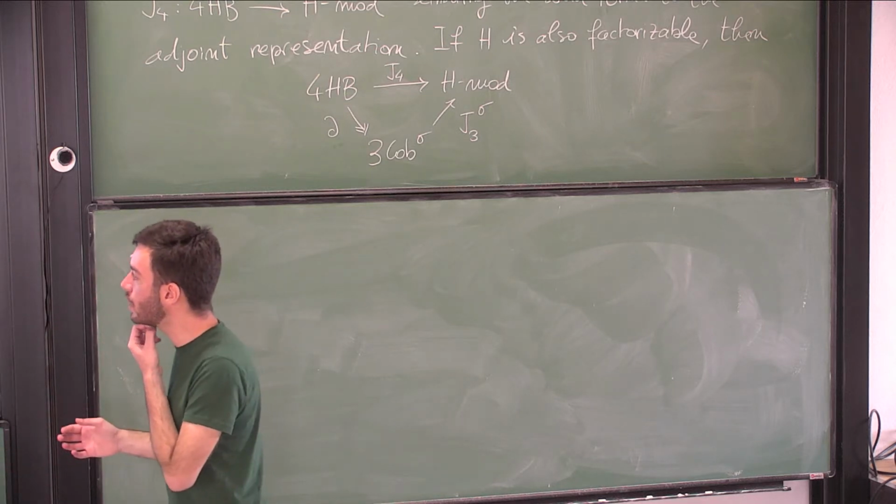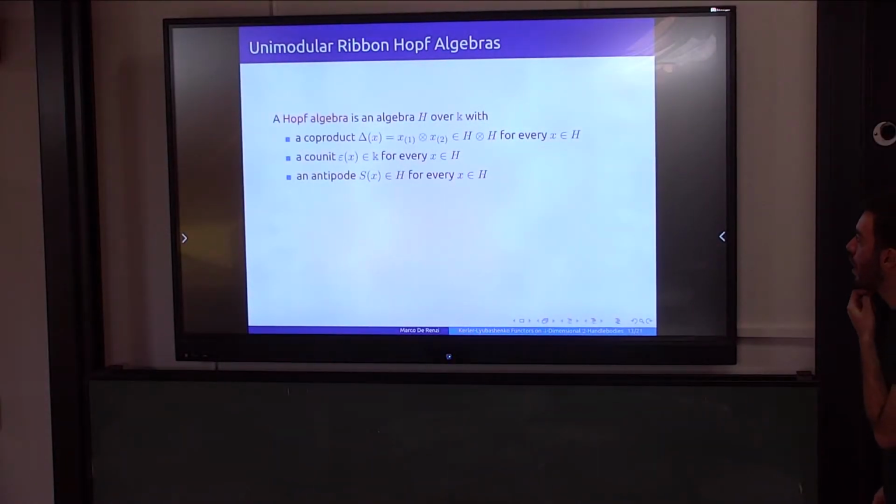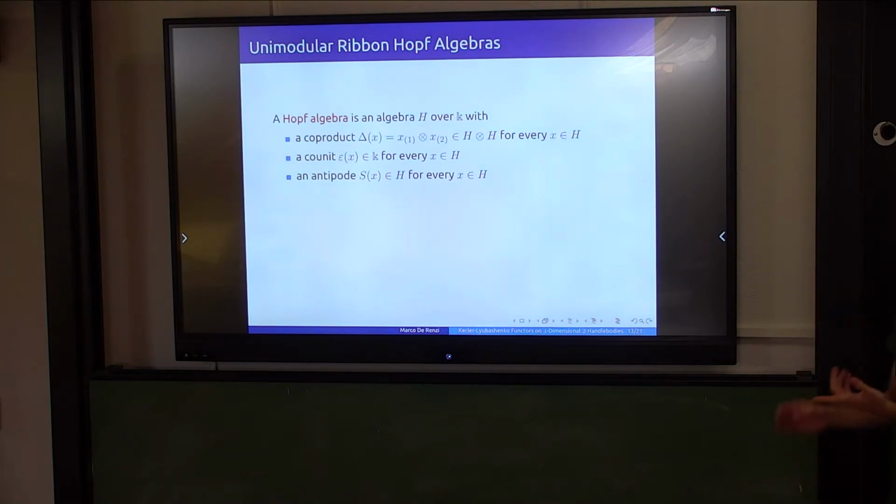A Hopf algebra, you might have encountered it many times before, is an associative unital algebra H over a field K. So it comes with a product, with a unit. The product is associative. And it also comes with a structure of a co-algebra and with an antipode.